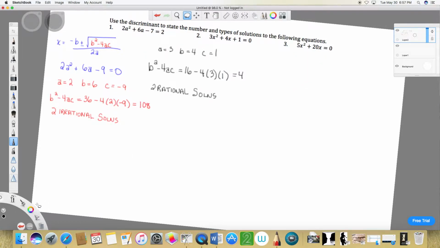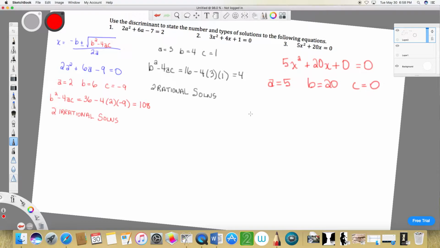Let's take a look at this last one. We've got 5x squared plus 20x plus 0 is equal to 0. So A is equal to 5, B is equal to 20, C is equal to 0.